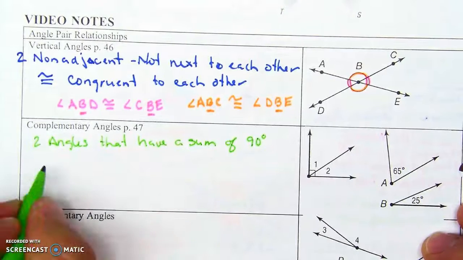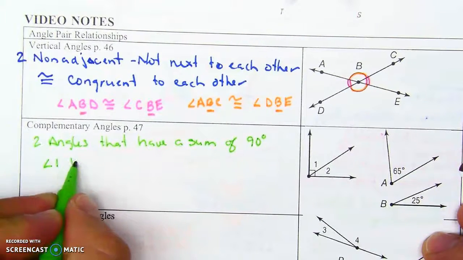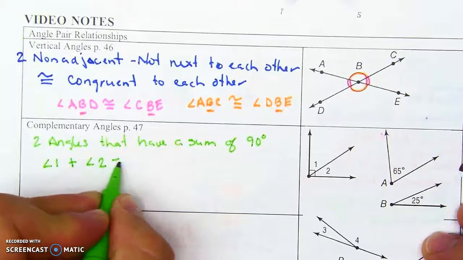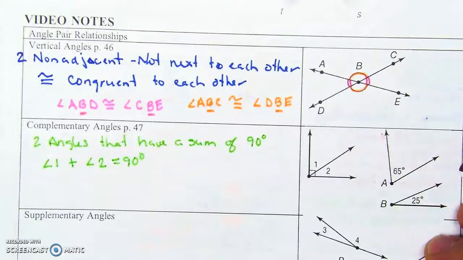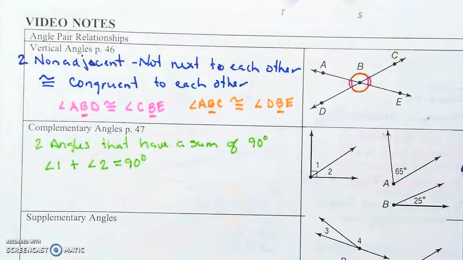So basically what it's saying is angle 1 plus angle 2 equals 90 degrees. Okay? So when we add these up, that makes that work.